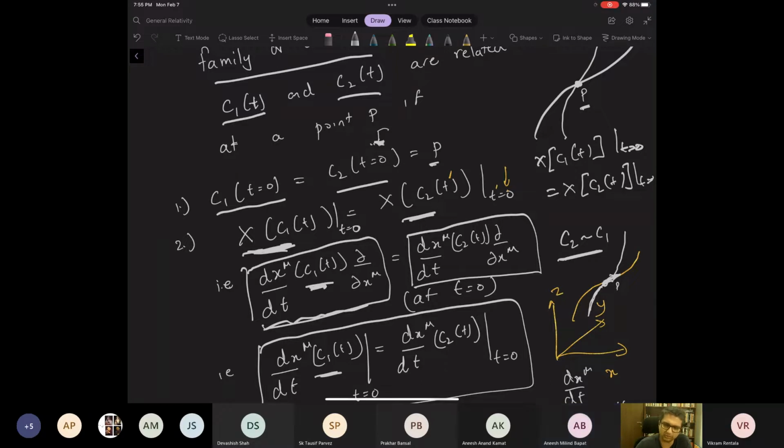You can always include 0 and change your parameter value so that t equal to 0 corresponds to some specific point P. You certainly lose some generality, but rather than create more confusion by introducing a t prime, what I really mean is that this is the point P. The parameter on the curve is not so important.